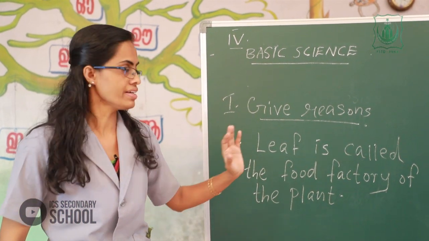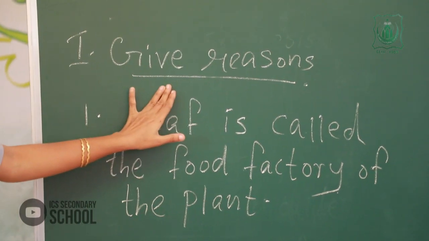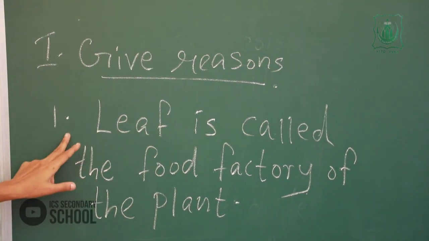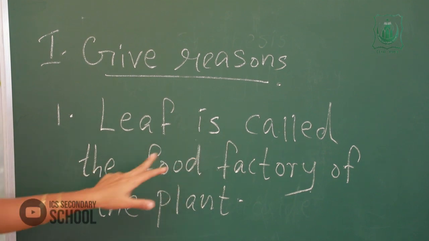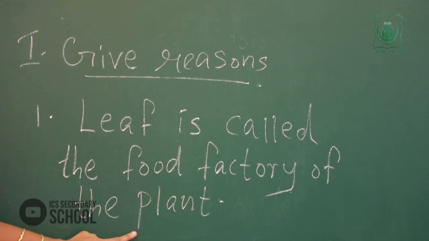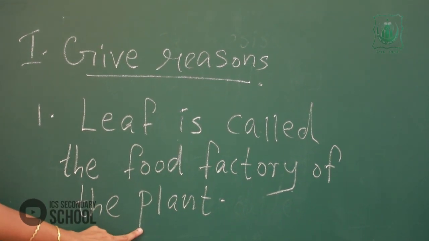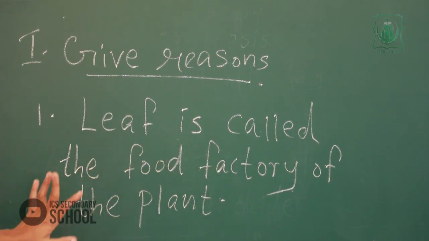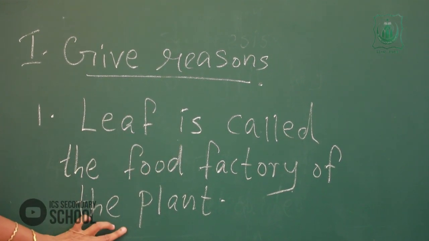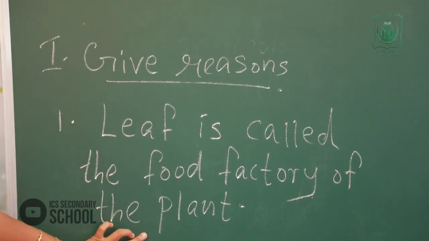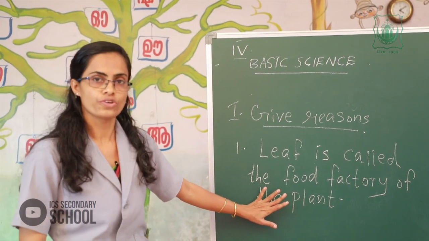Leaf is called the food factory of the plant. What is the reason? All of you understand?